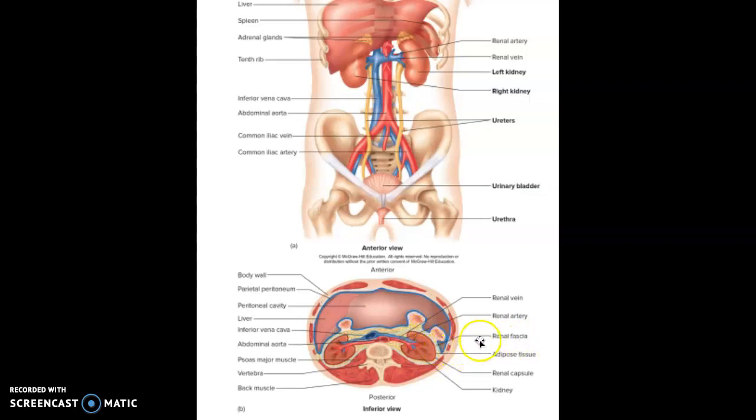This is the renal fascia. They have as well this entrance of the great vessels and nerves, including the renal pelvis, which is called the hilum. It's the entrance to the kidneys, including the blood vessels, the nerves, and the renal pelvis and ureter.